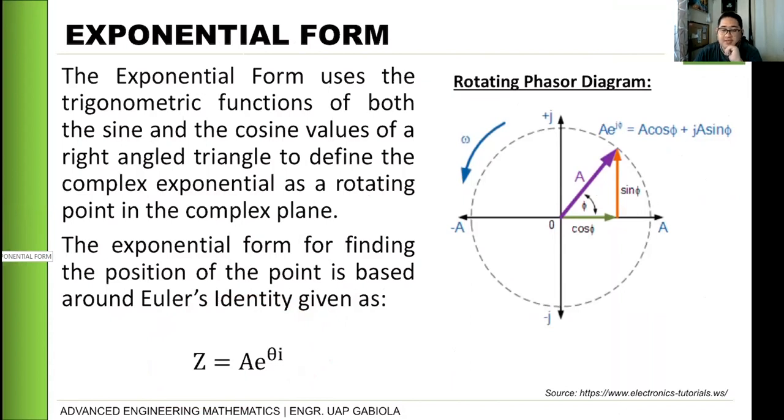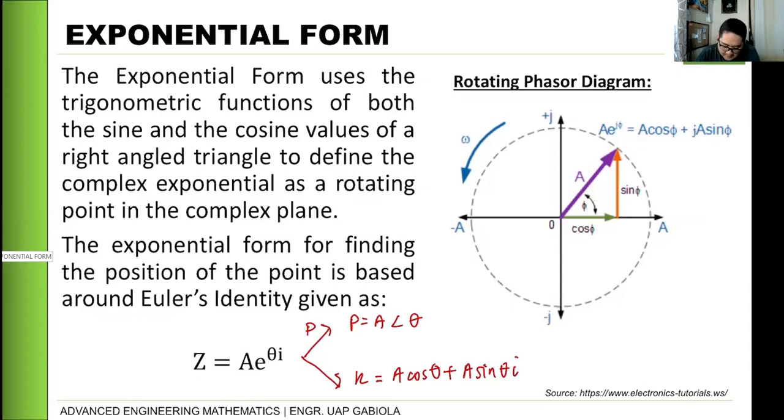It's the same if we change it to rectangular form: we just use the value of a, which is our absolute value, and then our theta. For polar form, we just write a angle theta. And for rectangular form, that will be a cosine of theta plus a sine of theta i. Okay? So it's direct.